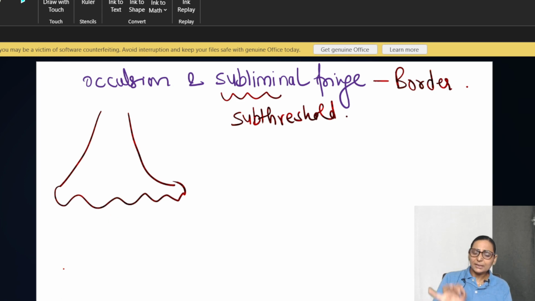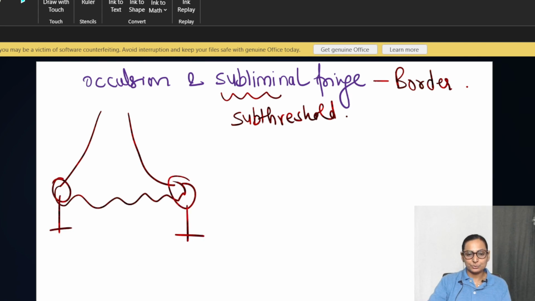Now similarly, in the case of neurons, suppose this is one major neuron, and this is another major neuron. Between these two neurons, this is the frill or the fringe of the neurons which are sharing an interpersonal relationship, right?